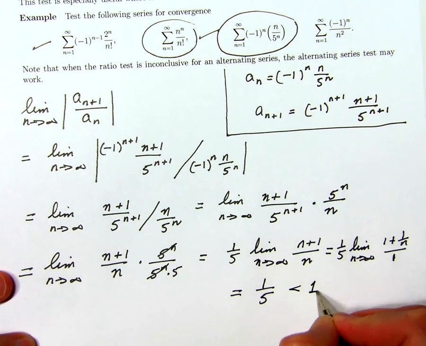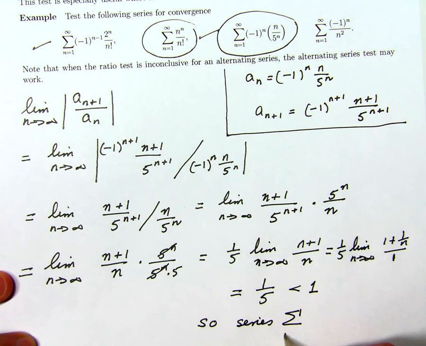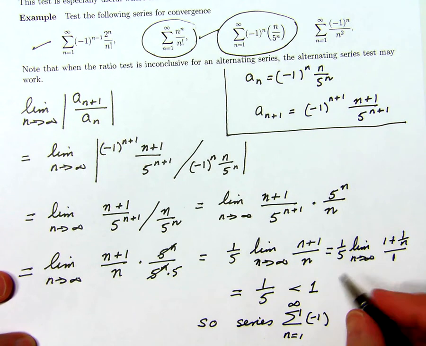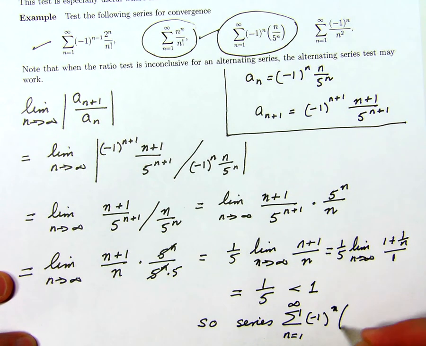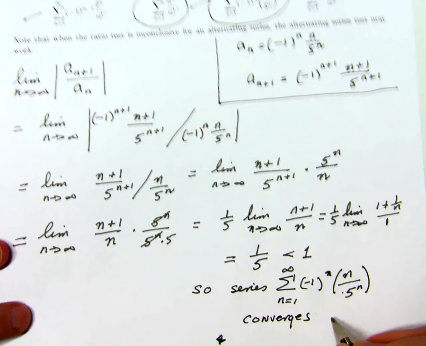That's less than 1, so the series, and it was that alternating series, this series converges by the ratio test.